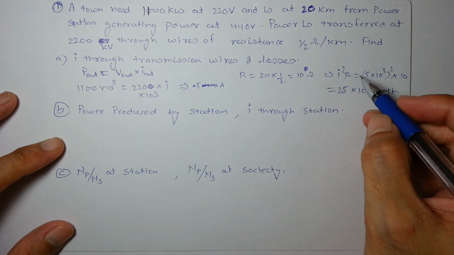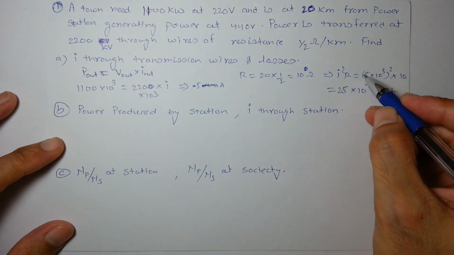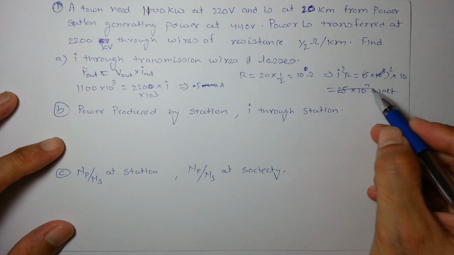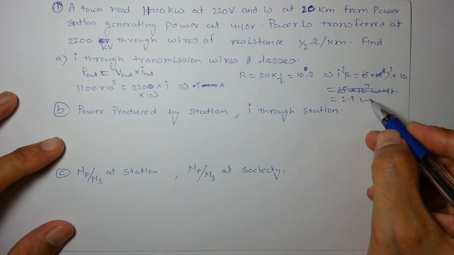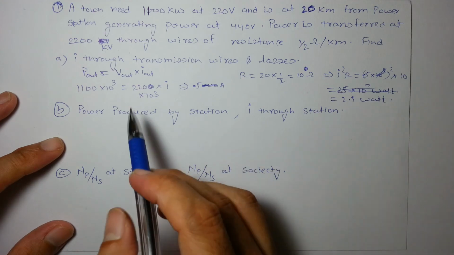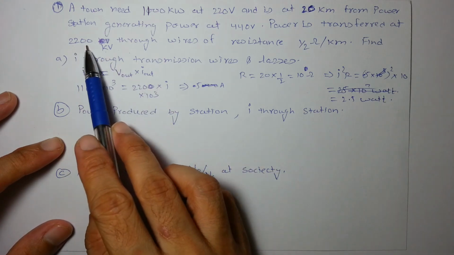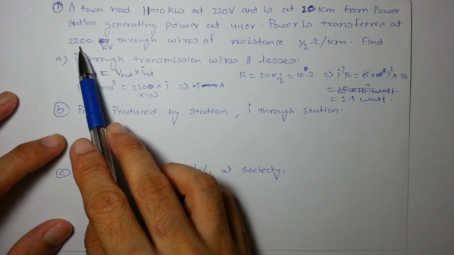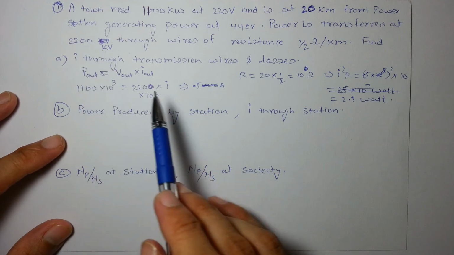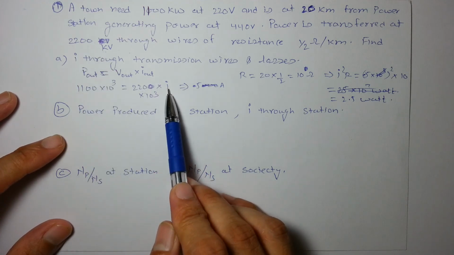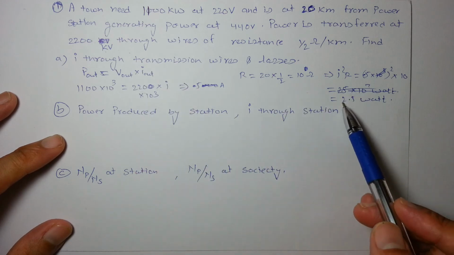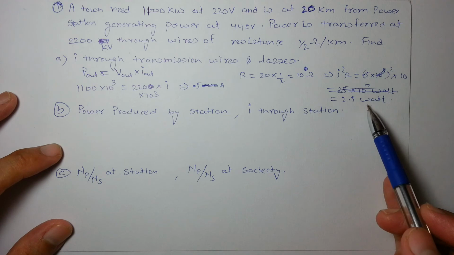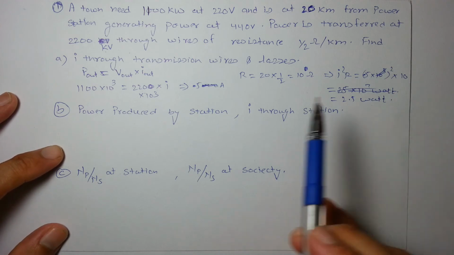And when we equate it from I square R, we will get how much? 0.25 into 10, 2.5 watt will be the loss. Okay, that is the reason why power is transferred at very high voltage, because of very small current in the transmission wire, and because of that there are very small joule heating or losses due to transmission.